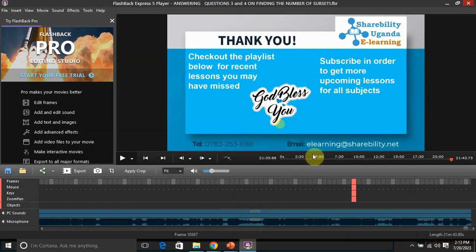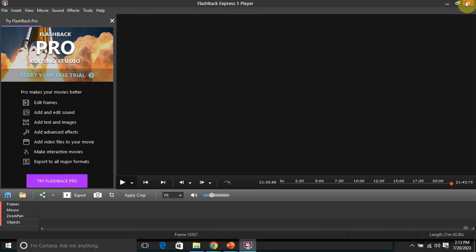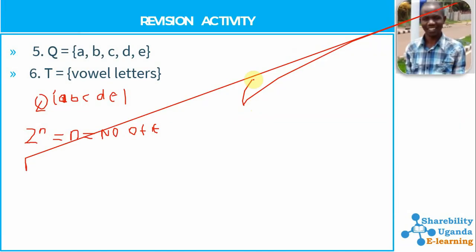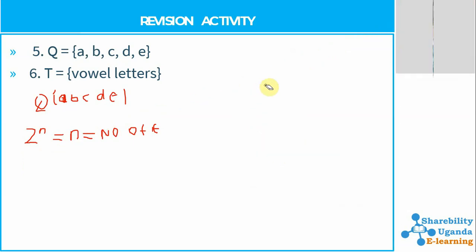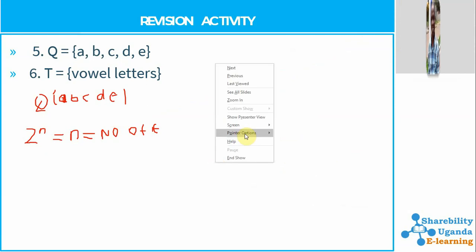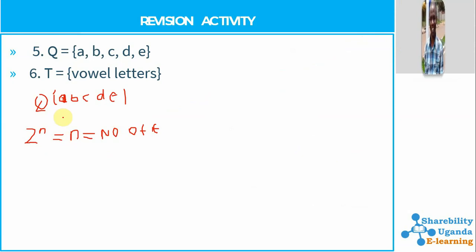We need to understand the number of elements within our set. How do we get the number of elements?